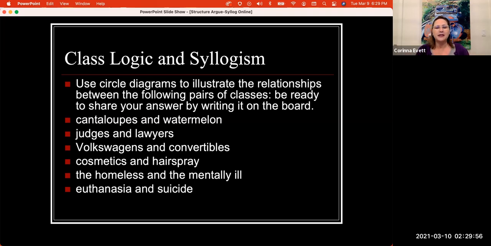How about the homeless and the mentally ill? This is where it gets a little bit tricky, depending upon your point of view. And some of you may be doing inclusion because of the way that you view different people. Some of you may be doing exclusion, but I think overlap can be proven. At one point under President Ronald Reagan, he closed many of the mental health institutions and people didn't have places to go.